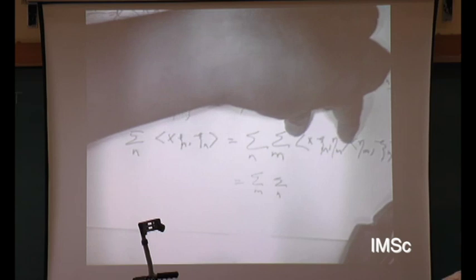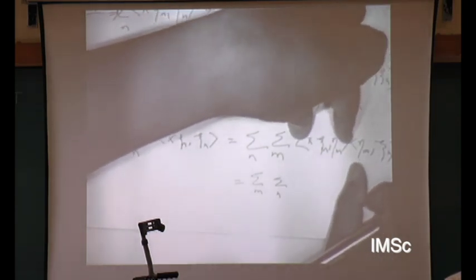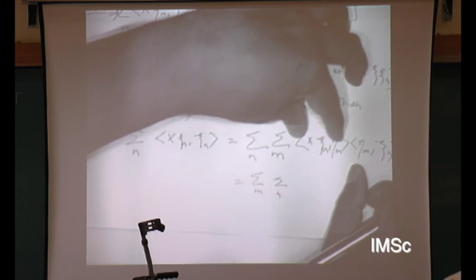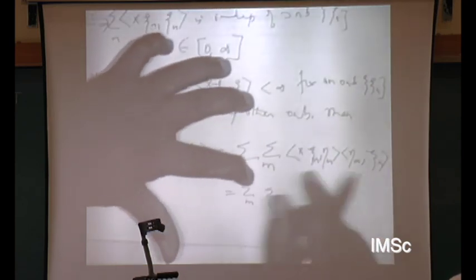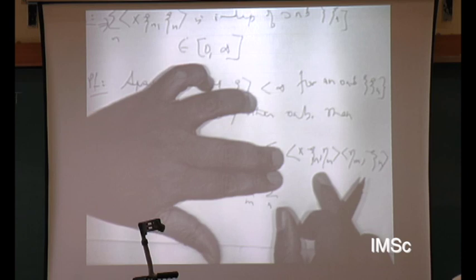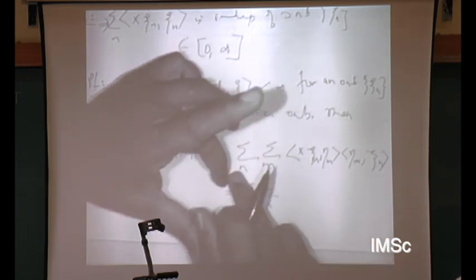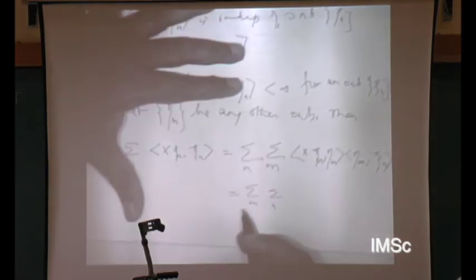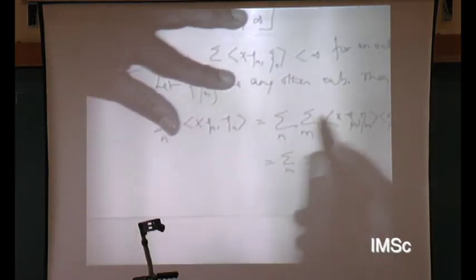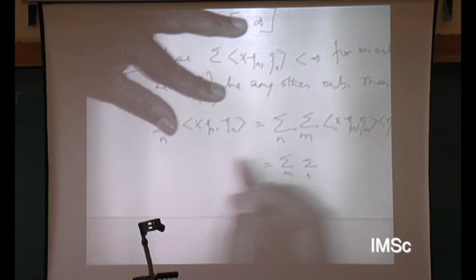If you put the double sum, what you know is that each of these sequences separately, if you look at it as a sequence in m, let me look at the sequence in n.